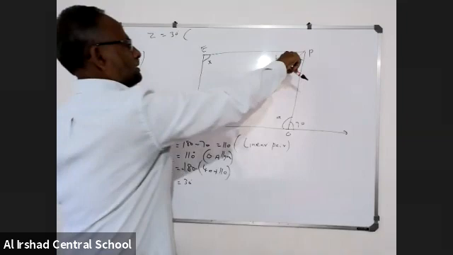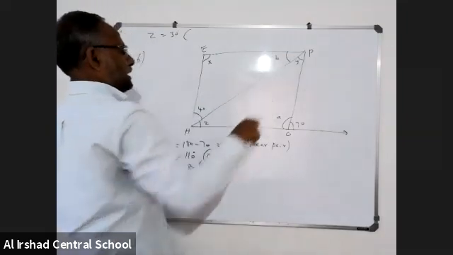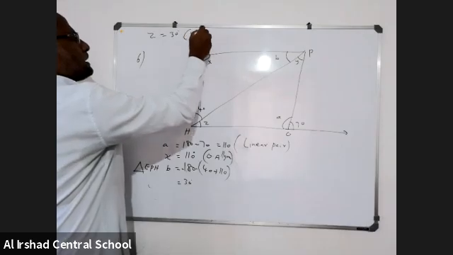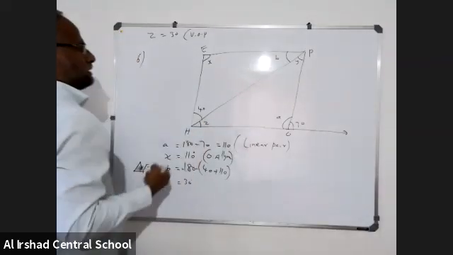Vertically, what is this? Linear pair. Now this is a parallelogram, parallel, vertically opposite angles.